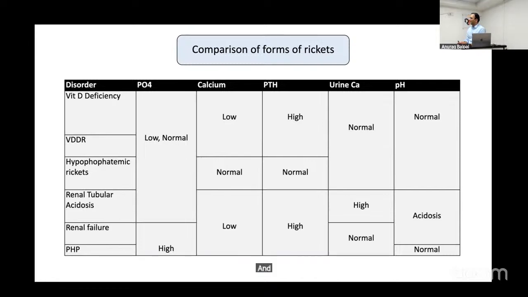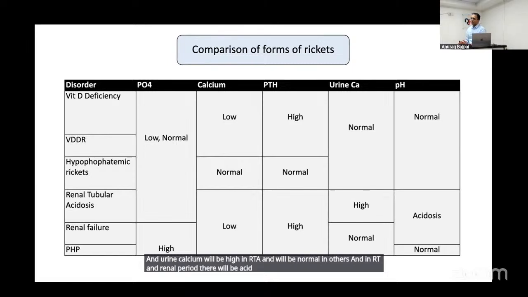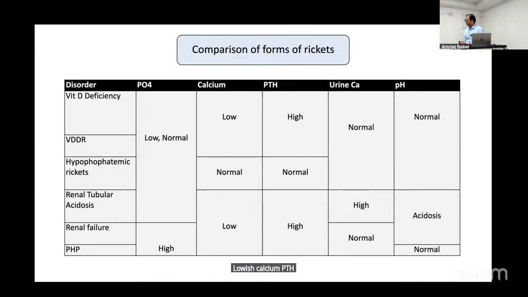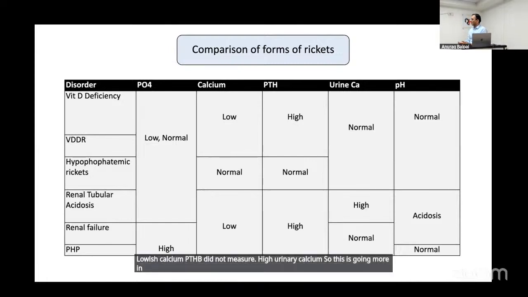Urine calcium will be high in RTA and normal in others. In RTA and renal failure there will be acidosis, and pH will be normal in others. Combining all this, low phosphate, lowish calcium, high urinary calcium, PTH we did not measure, this is going more in favor of RTA.